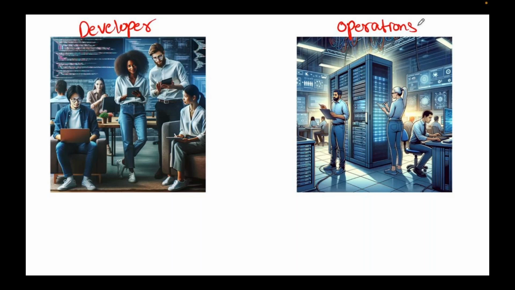A developer team will write code, guys. Code is nothing but a program using programming languages like Python, Java, .NET, JavaScript, and so on. Basically they gather the requirements from the business and they create the program. Sometimes they call it a feature or some bug fixes, anything.